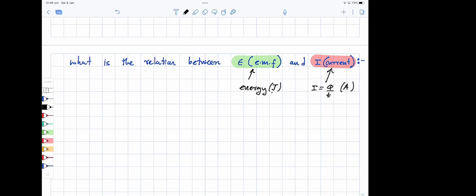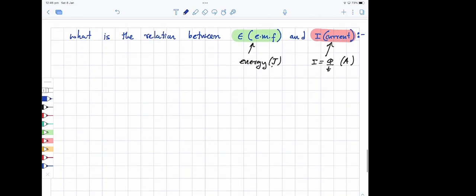Now, how do we understand the relation between these? Why do we need this relation? The reason is this. If you have a battery like that, connected with a wire, this is positive, this is negative, E is here.